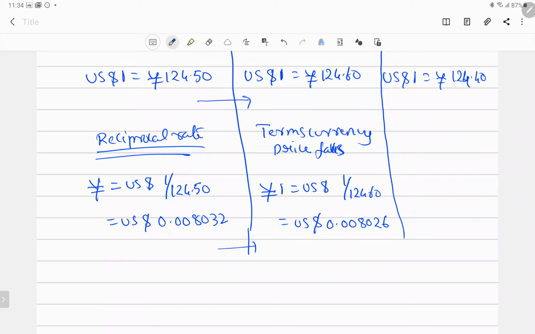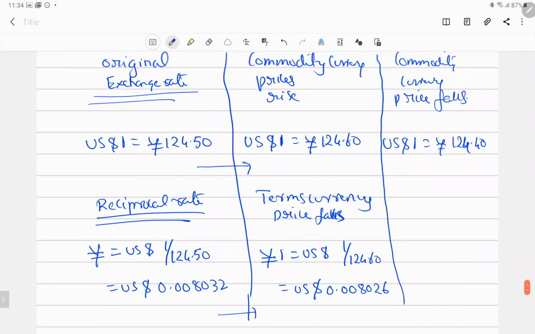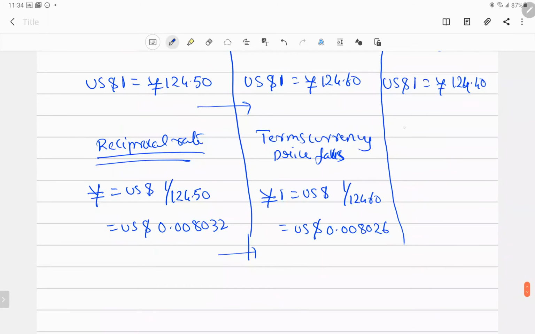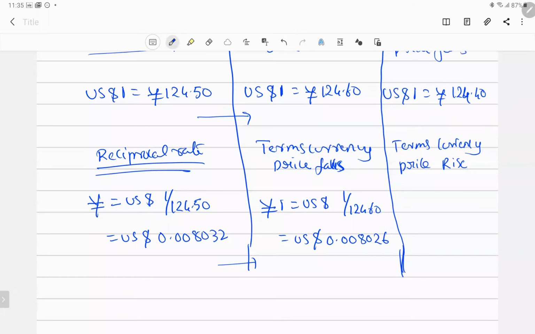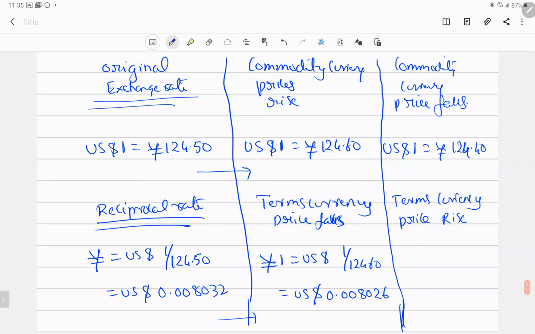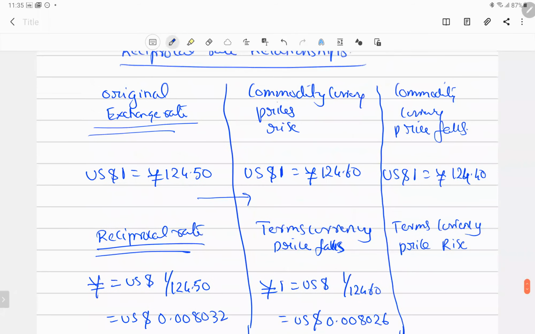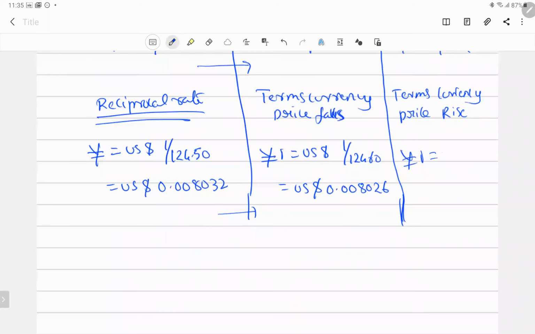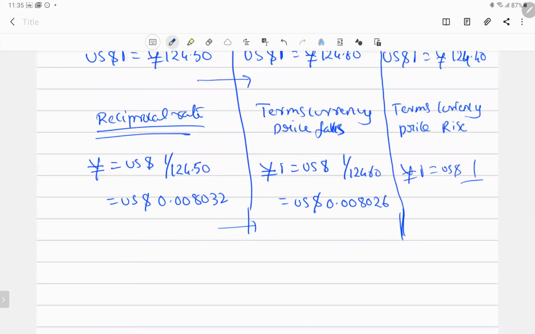In the same way, when the commodity price falls, it means the term currency price will be rising. In terms of yen, this is your term currency and that is your commodity currency. So 1 yen equals US dollar 1 divided by 124.40.